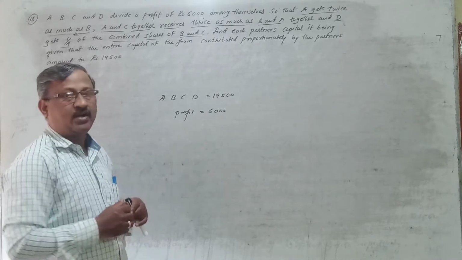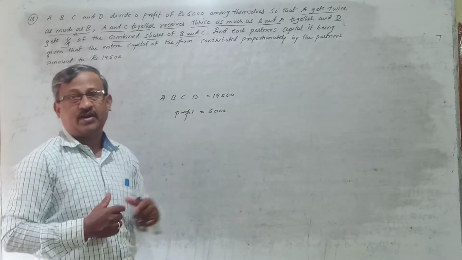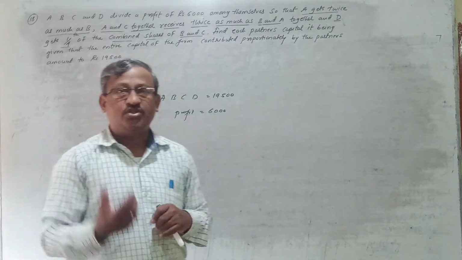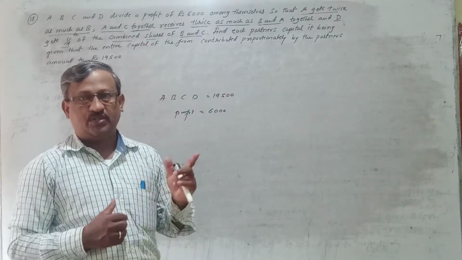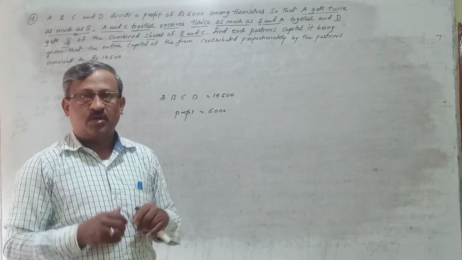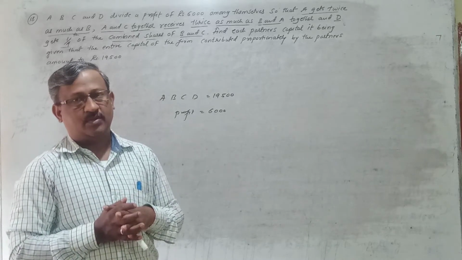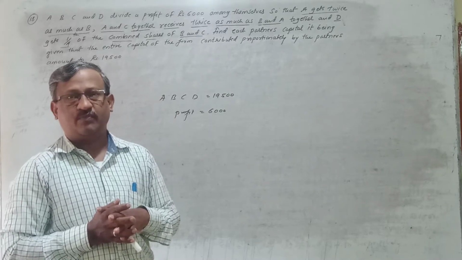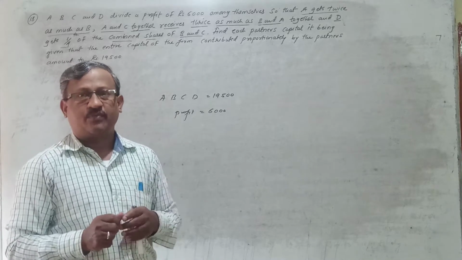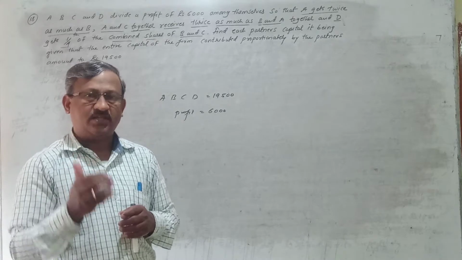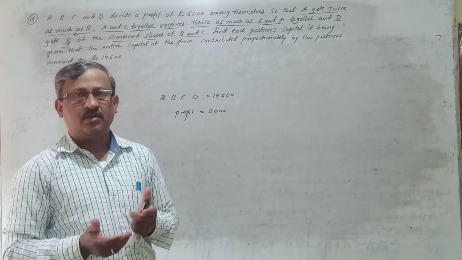But we can easily find out the profit sharing ratio because we can find out their profits. And as I told in the previous problems, profit sharing ratio and capital ratio always remain the same. So what profit sharing ratio you will get, that itself is your capital ratio.